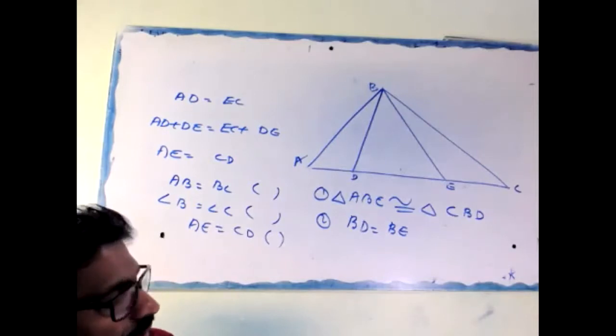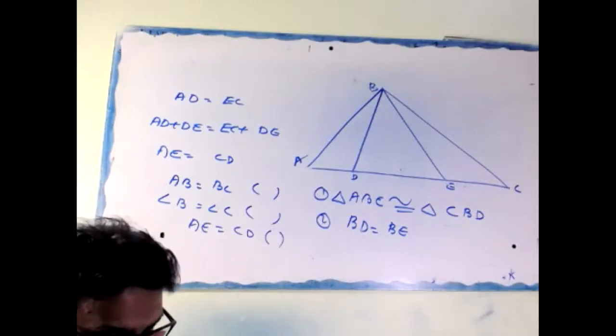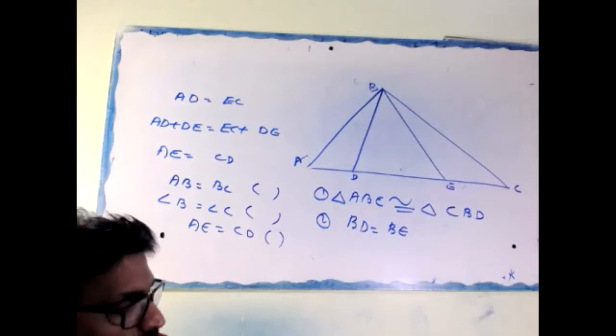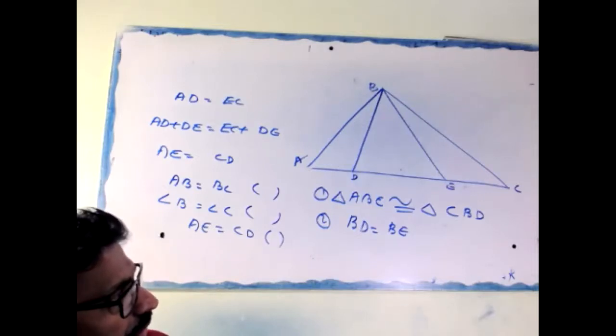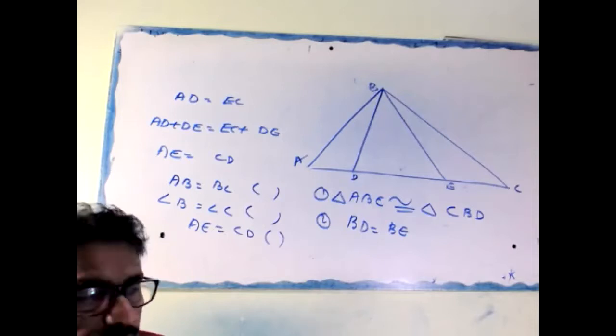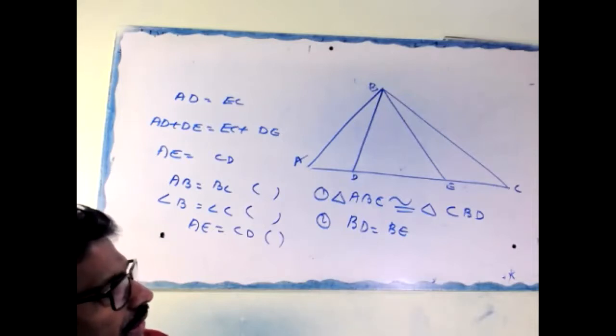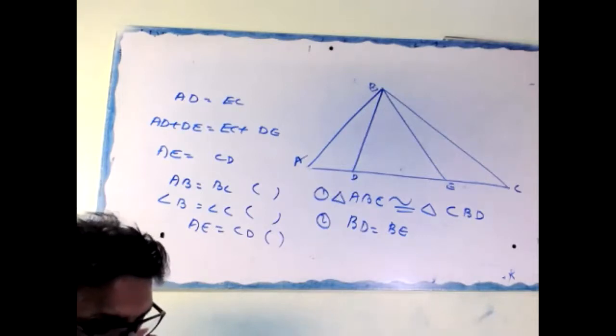Adding DE on both sides, we get AD plus DE equal to CE plus DE. That is AE equal to CD.